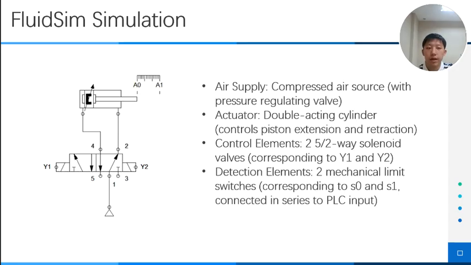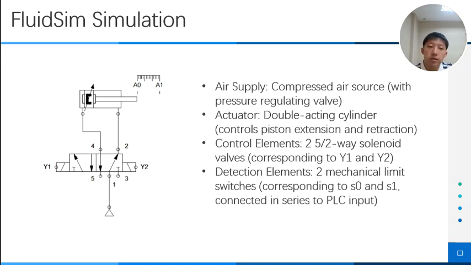First, air supply part, including compressed air source and pressure regulating valve, which provides stable air pressure for the whole pneumatic system.